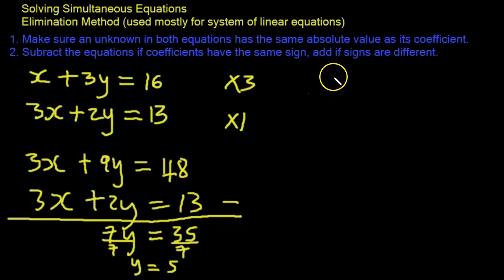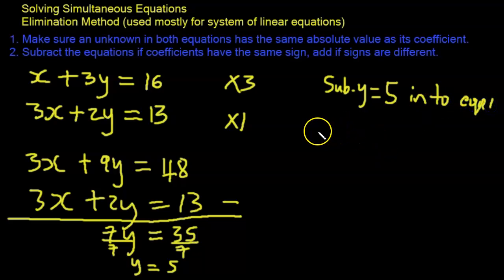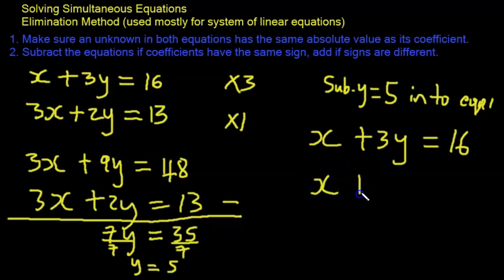So to get the x value, we substitute the value that we have for y, which is 5, into any one of the equations. Let me just stick to equation 1. Now equation 1 says x plus 3y is equal to 16. But remember, we know the value of y. What's the value of y? We just found it, 5.